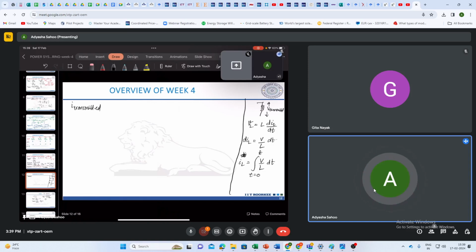So here I transmitted will also become 1 by L integration V dt. So this V is V transmitted, right?